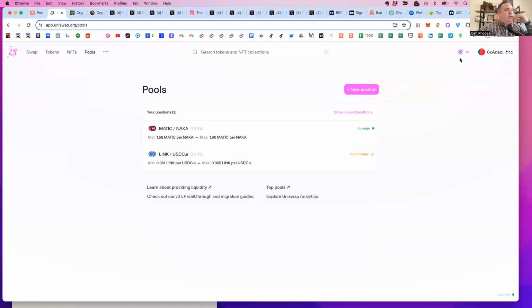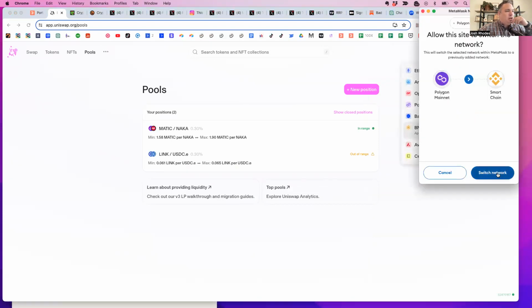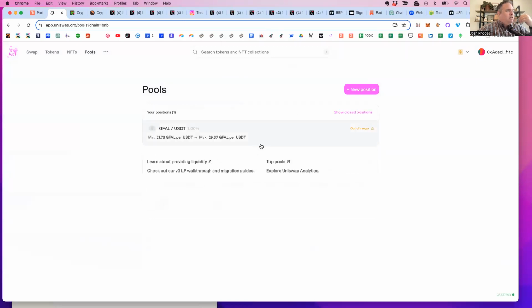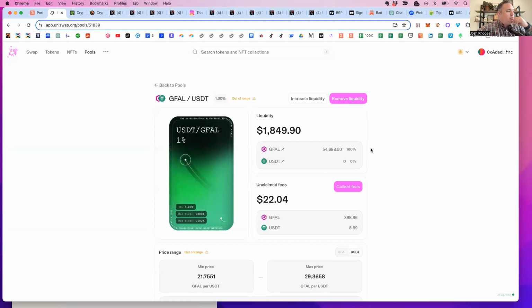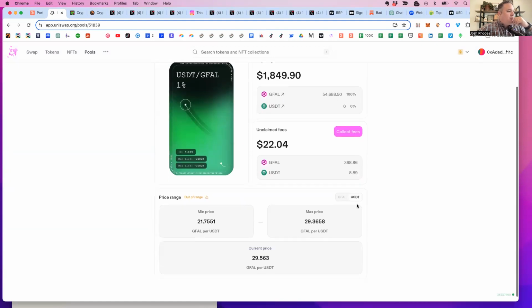What is the intention of, if I switch over here to the Binance Smart Chain, the BNB chain, I have the GFAL USDT, which is currently out of range. Because the price of GFAL dropped below my minimum price of 34.05, I'm okay with that. I'm just going to let it hover here and let it come back into range, and I'll start acquiring more fees again.